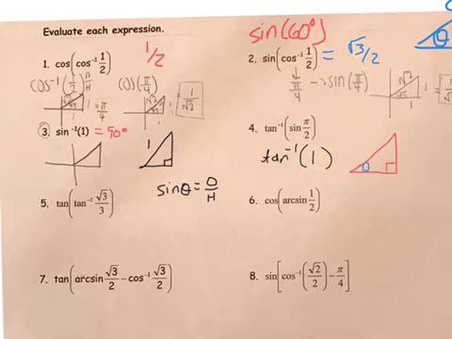Let's say here's the angle in question, and we know that the tan of any angle is opposite over adjacent, right? In fact, I'll write that. Tan of any angle equals opposite over adjacent. Well, in order for this to be 1, the opposite must be equal to the adjacent.